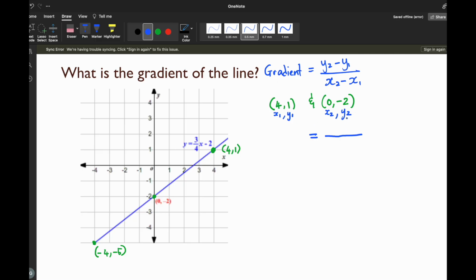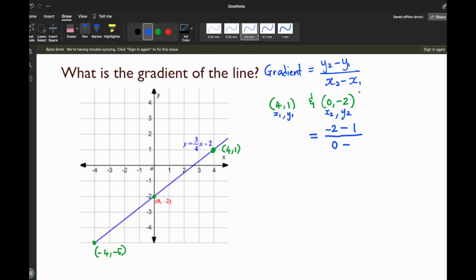So y2, good. What does y2 represent? Minus 2 or negative 2. So minus 2 subtract y1. What is y1? 1. Lovely. And then when we go over this, we'll have x2. So what is x2? 0. So we put 0 here, and then we're subtracting x1.